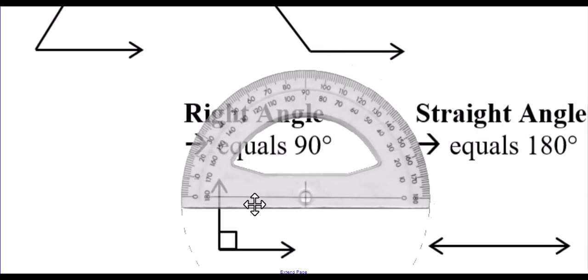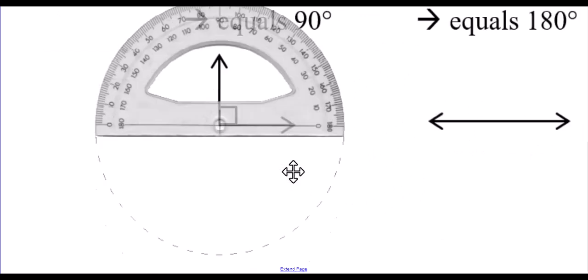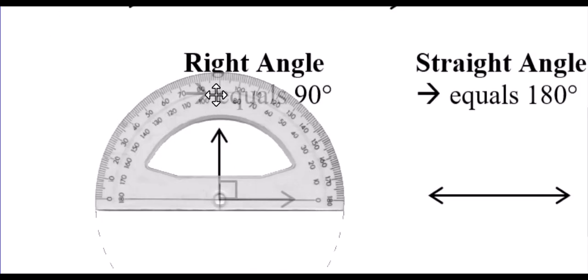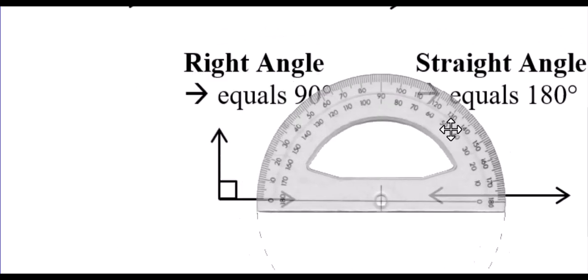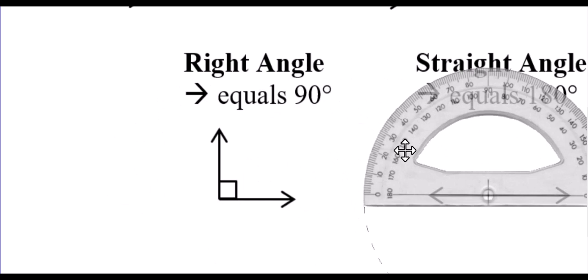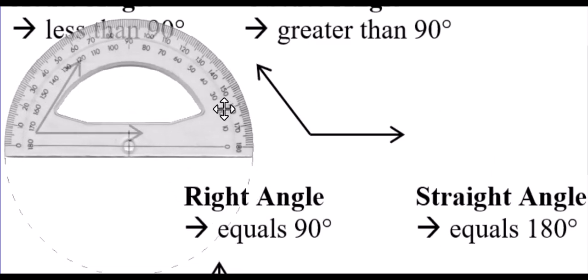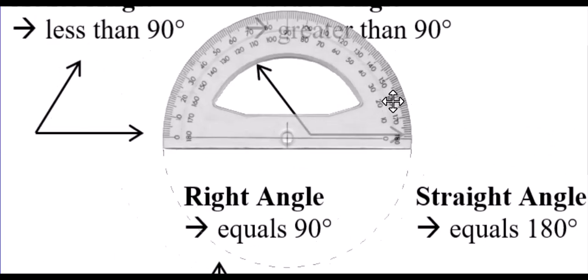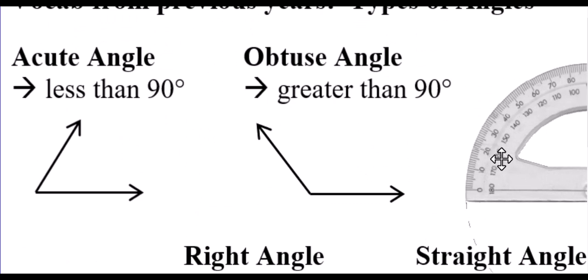Now, you probably remember from using protractors in previous years of math, maybe back in elementary school, that a right angle meets exactly here at 90 degrees. A straight angle, you might not have heard of that word before, maybe you have, maybe you haven't, measures 180 degrees. And then any angle that is less than 90 is called acute, and any angle that is greater than 90 is called obtuse. So those are just general categories for angles.